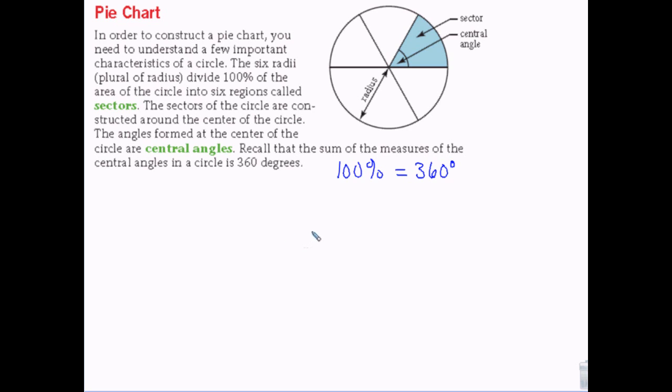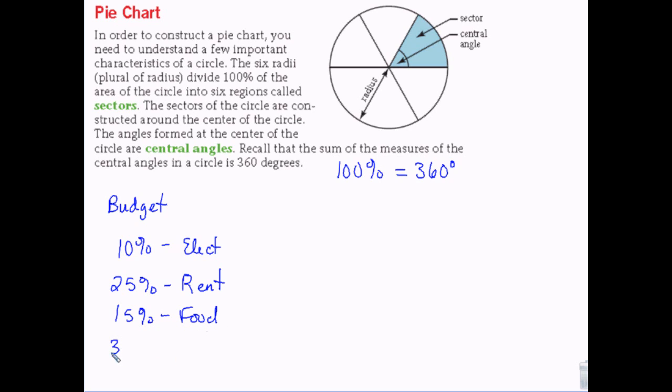Okay? So what happens is, let's say you're budgeting, and let's say you want to budget 10% for, I don't know, electricity, and 50% for, that's really high, nothing's 50%. 25% for rent, and 15% for food, and 30% for car transportation, so that would be like your insurance, your gas, everything, just your whole transportation budget.